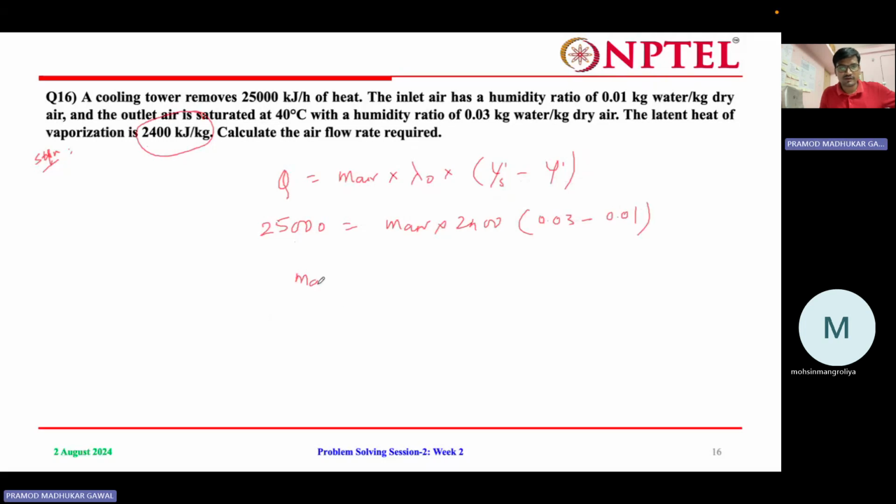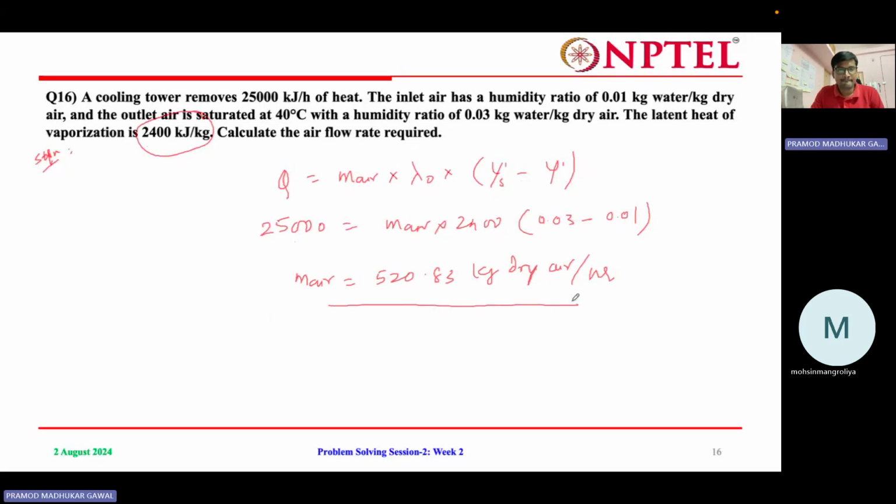So calculate the M air. It's 520.83 kg dry air per hour.